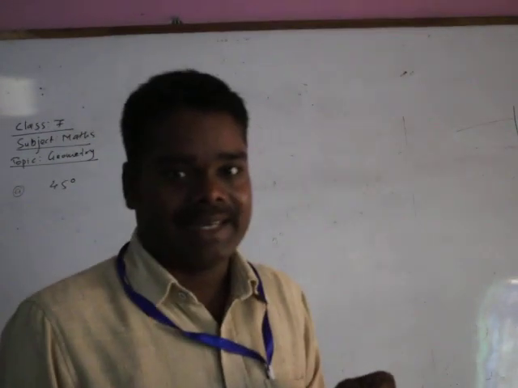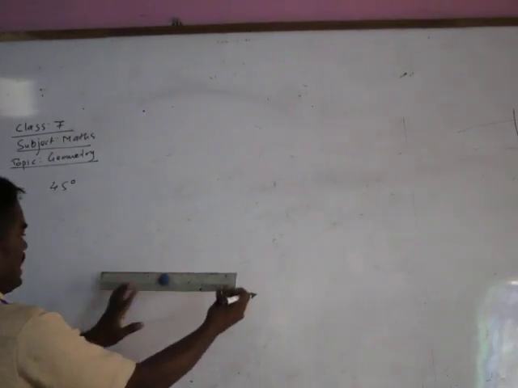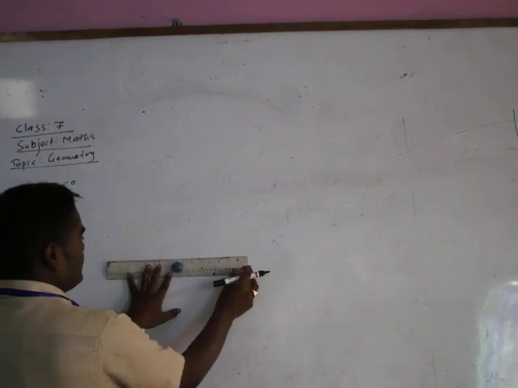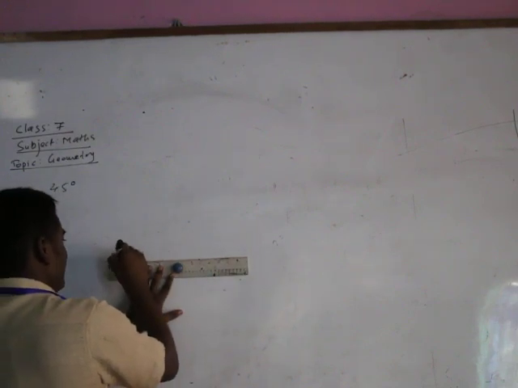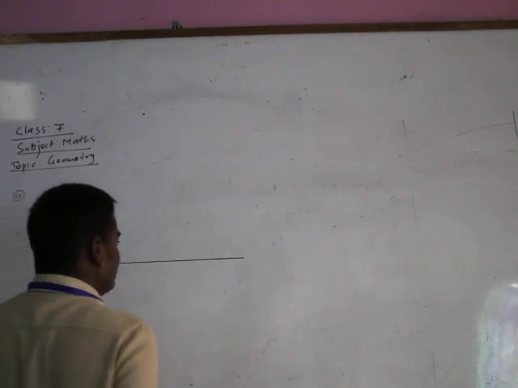Firstly, to construct any angle, you have to draw an initial line, that is also known as the base line. So take a scale and draw a line segment, that is the initial line. You can give it any name you like.